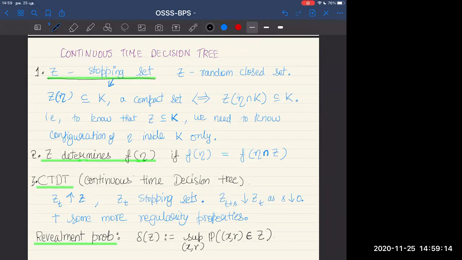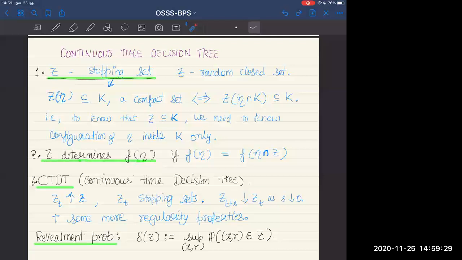I choose a good random subset and I can tell you the value of f. So f should be determined by the restriction of eta only to Z. This is what I mean by Z determines f of eta.